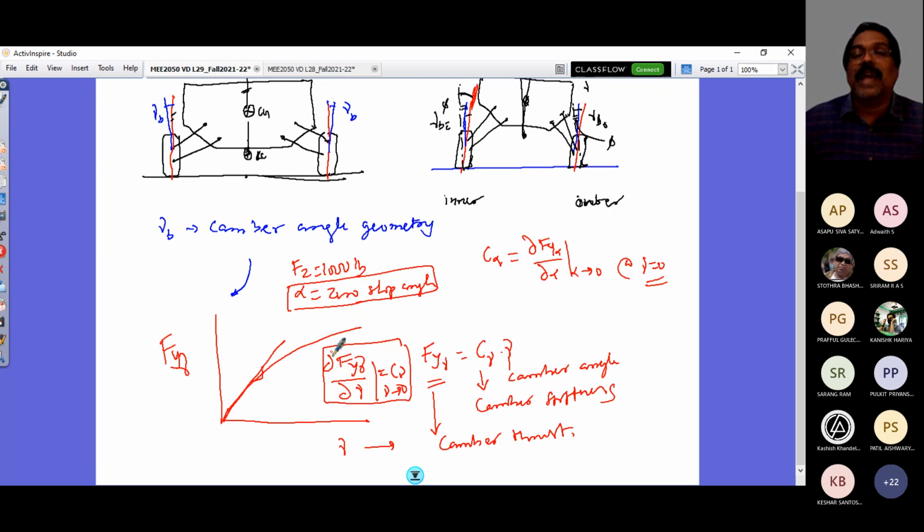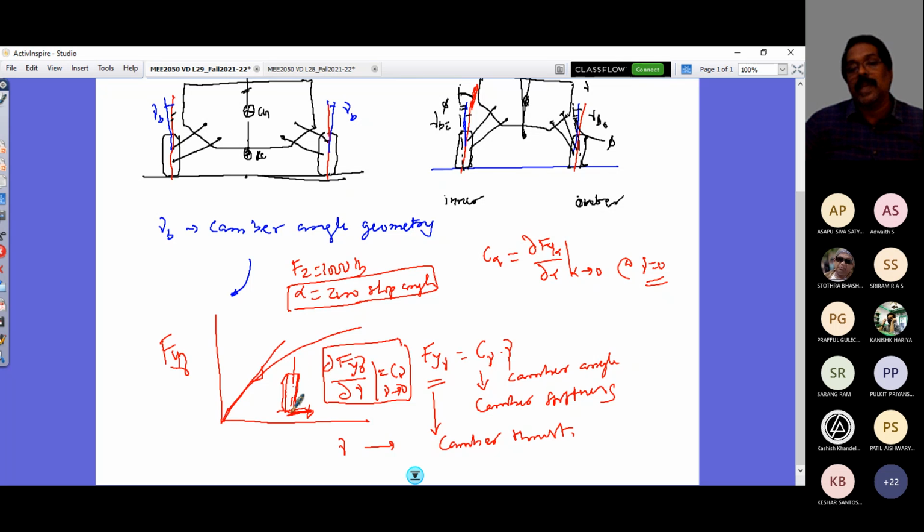And this camber thrust direction would normally act, if you look at which side your vehicle is leaning, which side the wheel is leaning. If this is the tire and it leans on this side, this camber thrust would be in this direction.